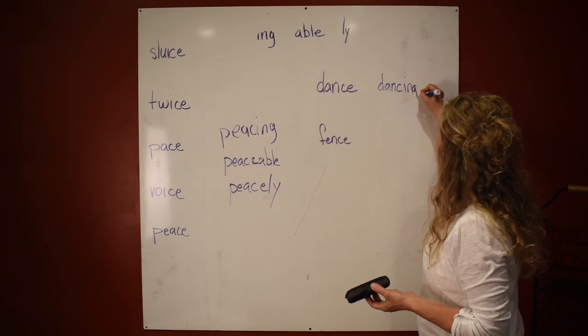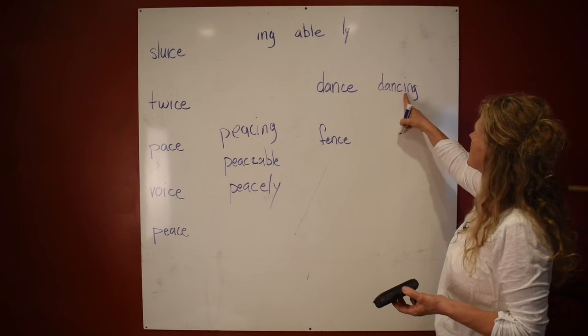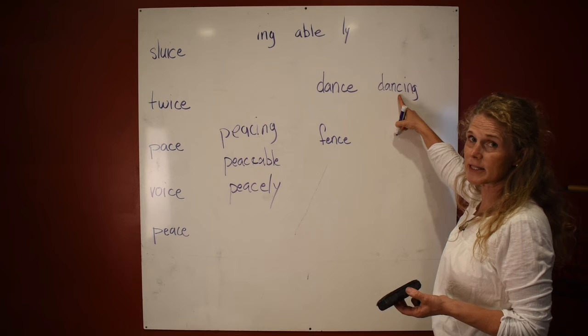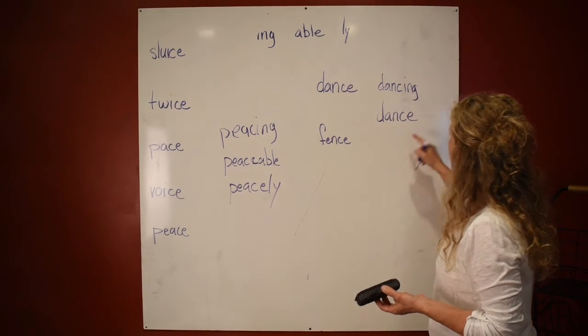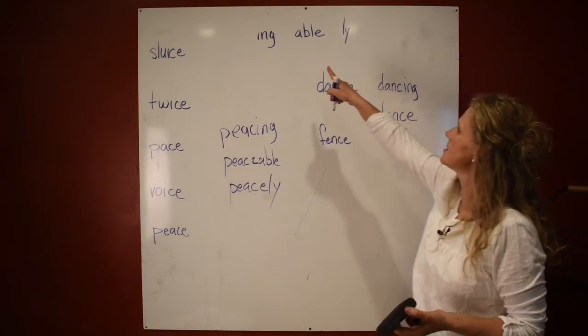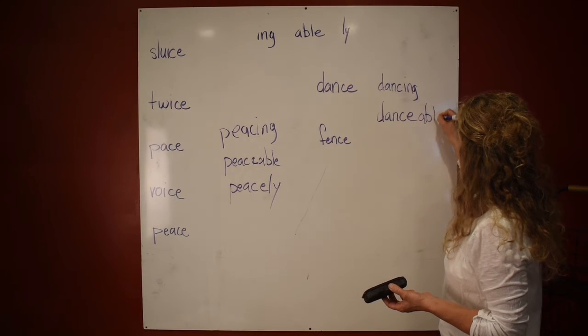So we add ing, and that says dancing. See how this I is still forcing that C to say S, but we have dance. But this is not an E, I, or a Y, so we don't drop this and we just add on able.